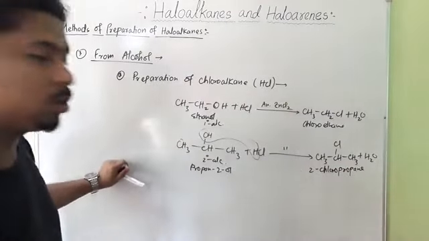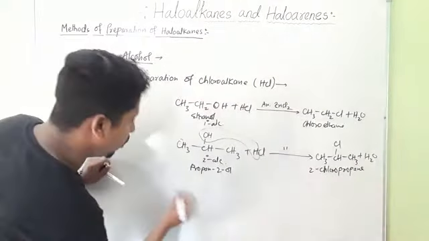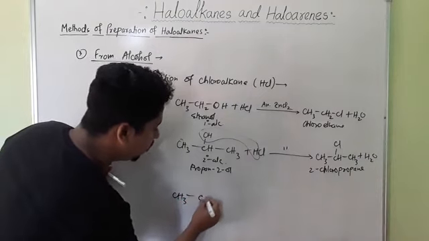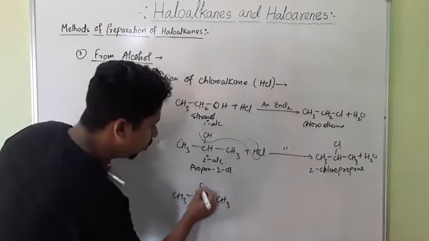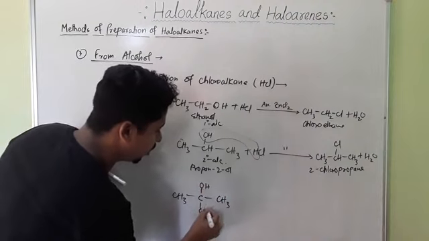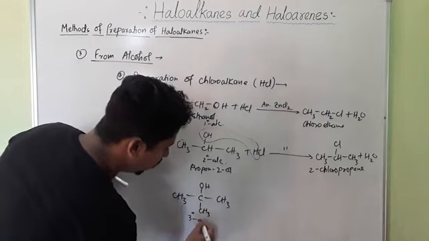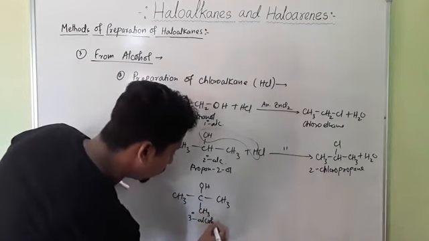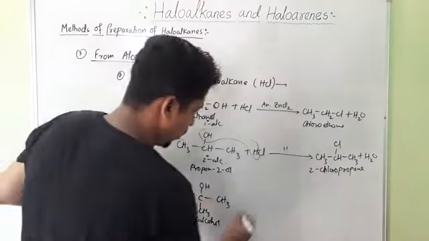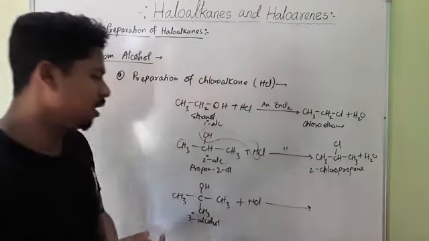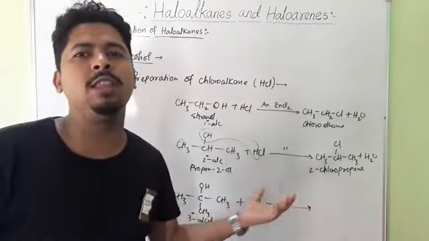Now if we consider a 3 degree alcohol, suppose CH3-C(OH)(CH3)-CH3, plus HCl. For this 3 degree alcohol, it does not require anhydrous ZnCl2.